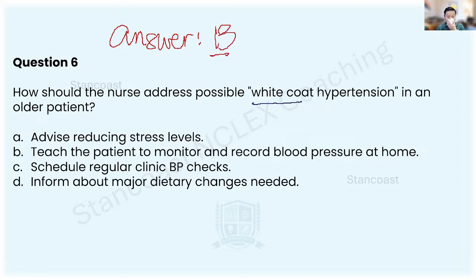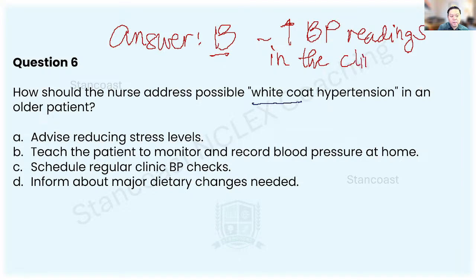Okay. The patient will end up with elevation of the blood pressure once they show up in the clinic. This is expected of these type of patients, okay? They're going to have elevation when they are in the clinical settings.